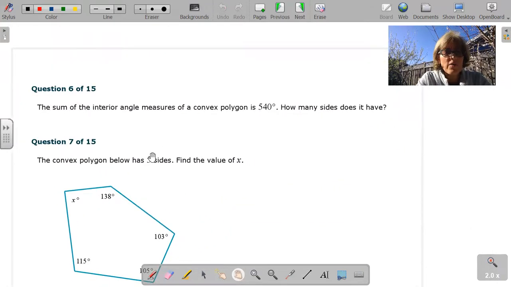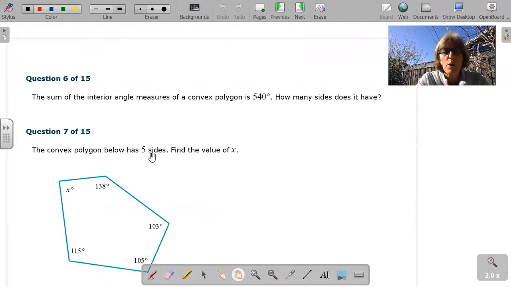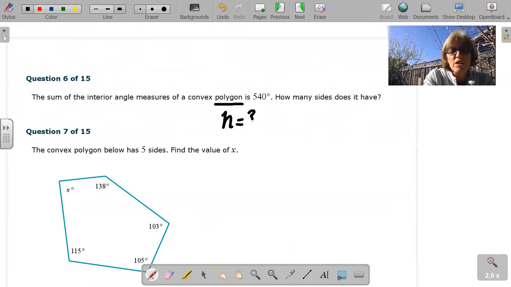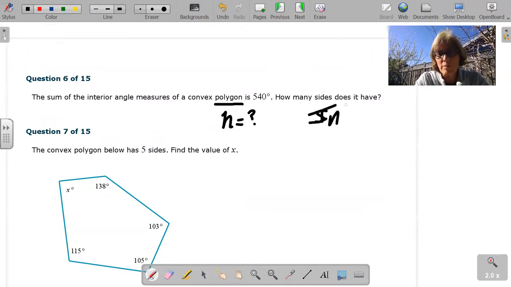It says the sum of the interior angles of a convex polygon is 540. How many sides does it have? The fact that it says poly means your n is unknown. And so you ask yourself, is it an interior or exterior?